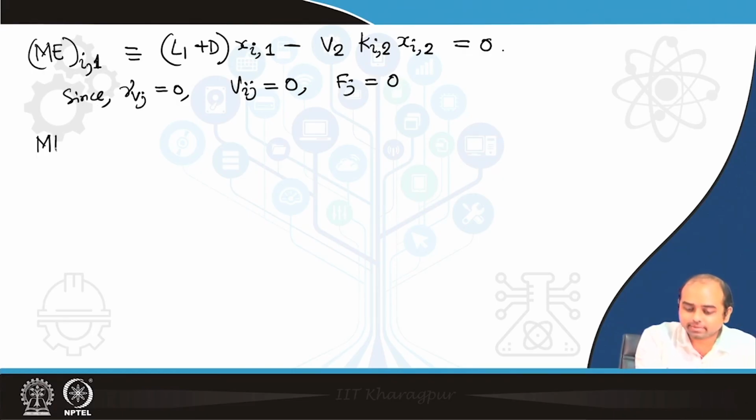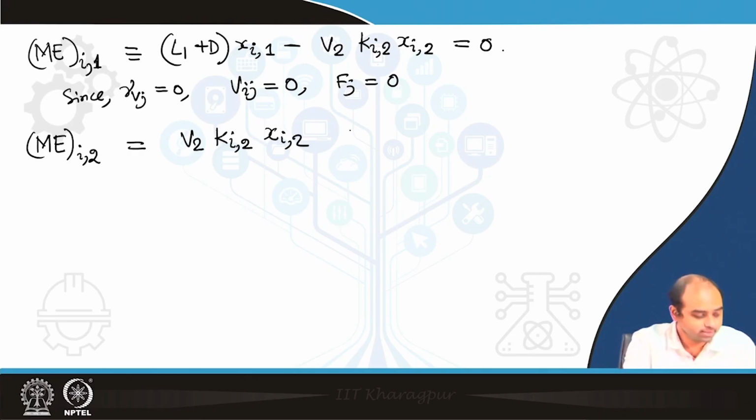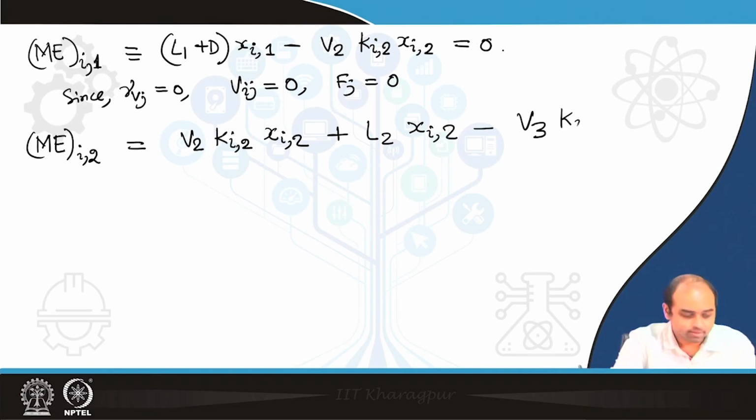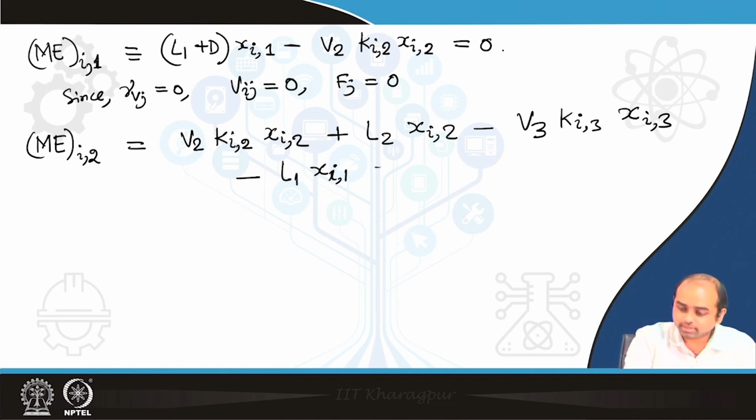Similarly, ME i comma 2 can be written down as V2 Ki2 Xi2, right, plus L2 Xi comma 2 minus V3 Ki3 Xi3, right, minus L1 Xi comma 1 is equal to 0.